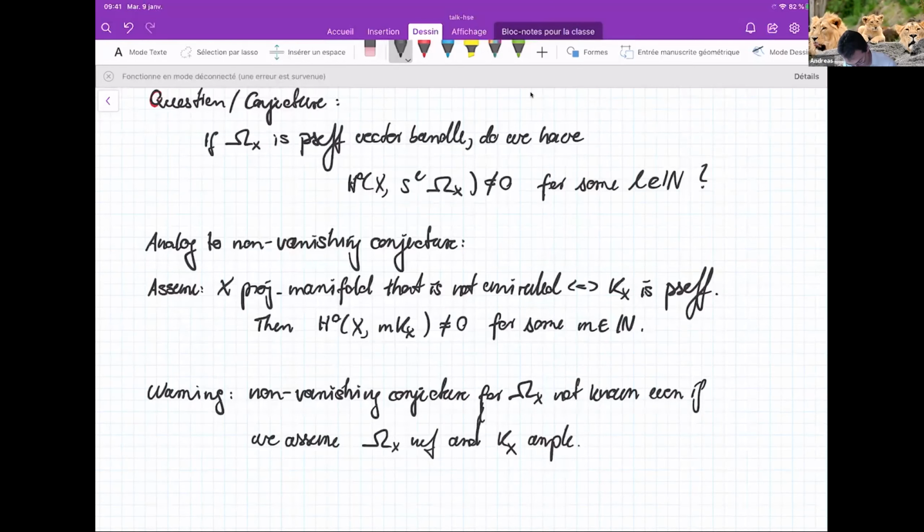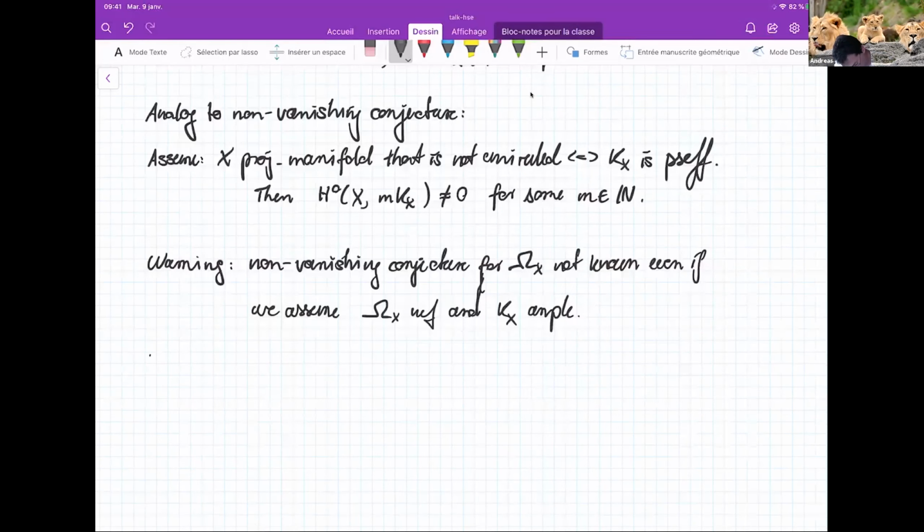So the conjecture is true if the canonical class is numerically trivial. This is a consequence of this theorem, which I've proved with Thomas Peternell.